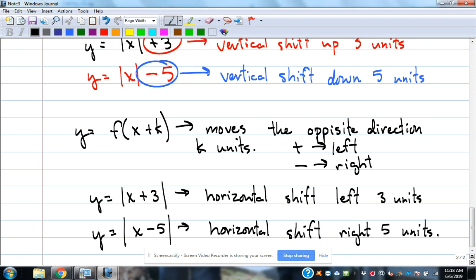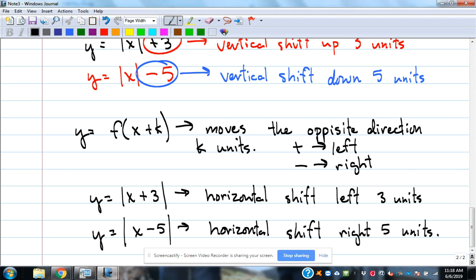Next, we're going to look at some equations and decide what transformations have happened to them. Have they shifted the original function up, down, left, right, stretched it, compressed it? What did they do, based on what we see in the equation, without graphing it?